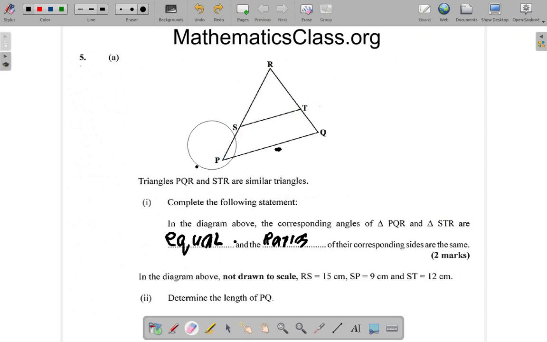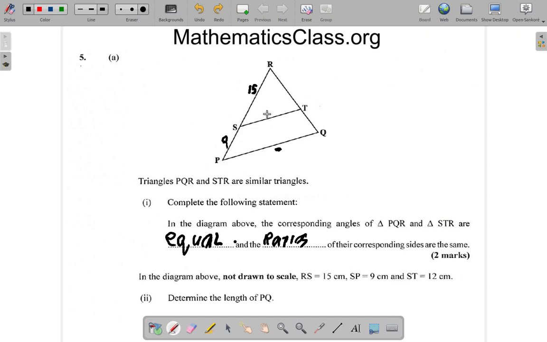You identify the sides. Let's just write on the dimensions. RS is 15. Good. SP is 9. SP here is 9.